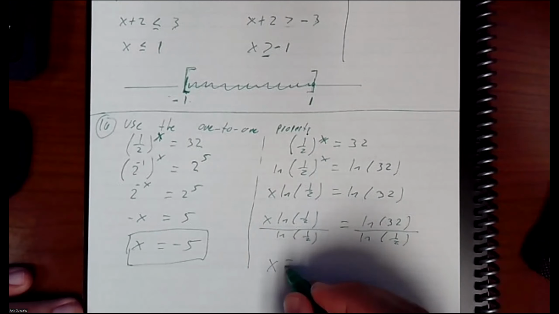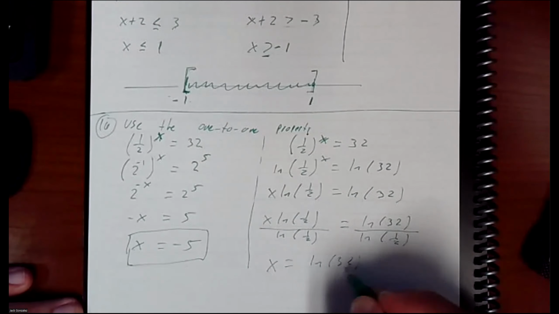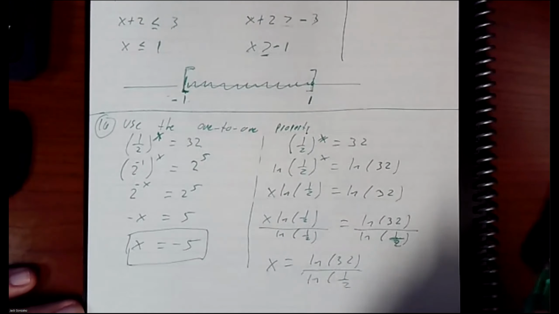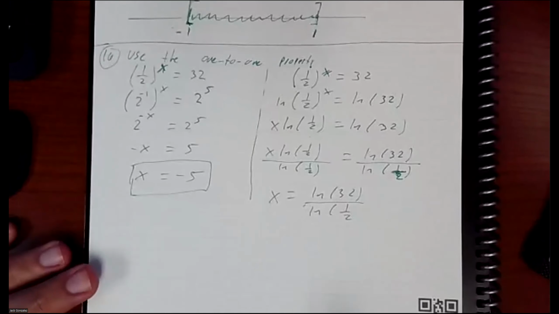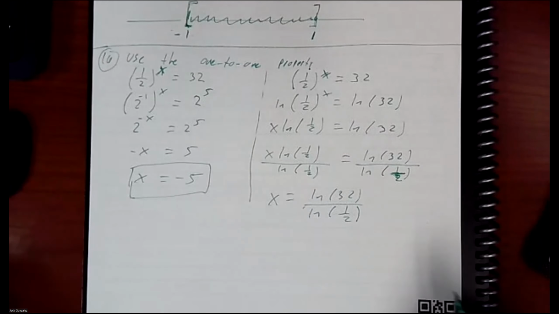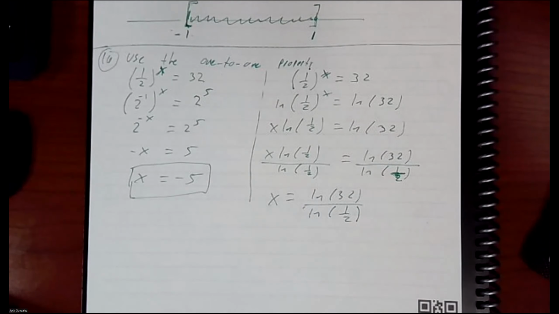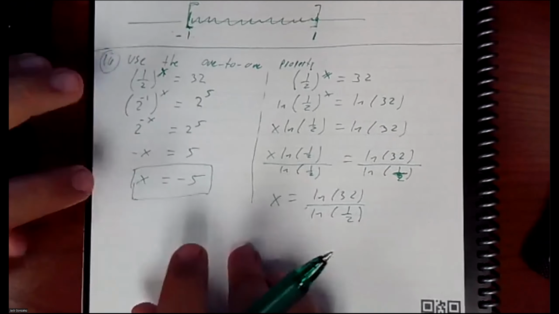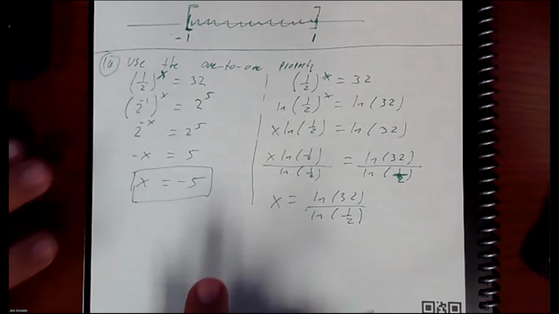So x will equal ln 32 divided by ln 1/2, which will become -5 if you plug it in your calculator. So either way, for this question, this method only works sometimes.